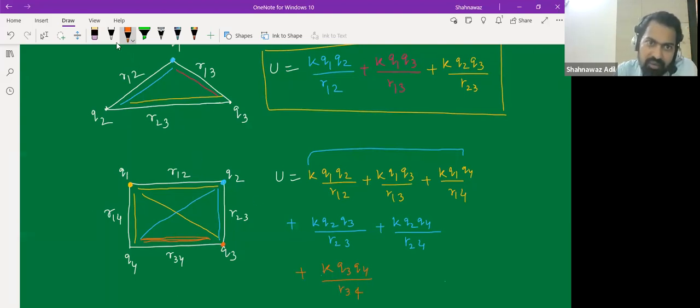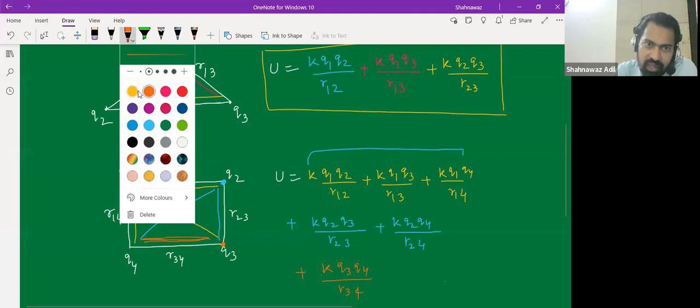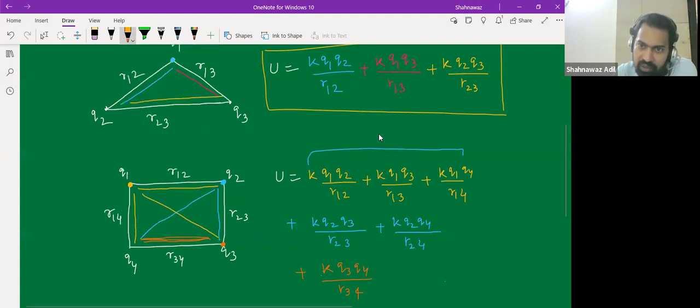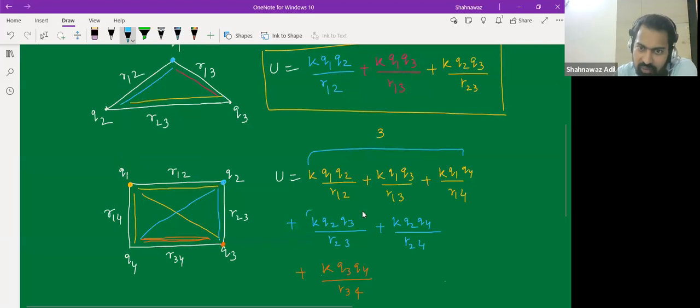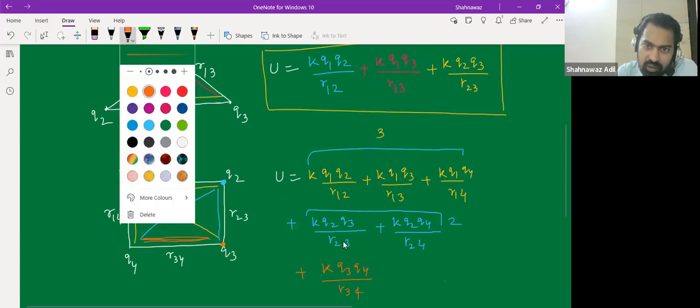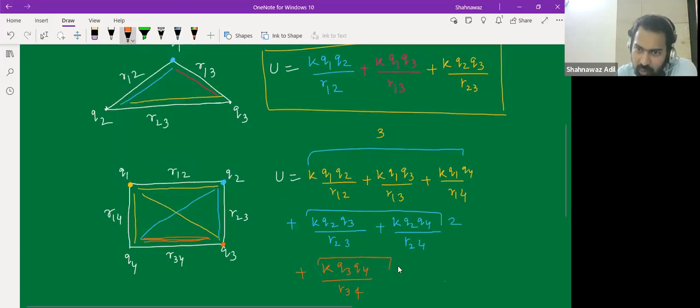So I have how many? For this one I have 3, and for this one I have 2, and this one is 1.